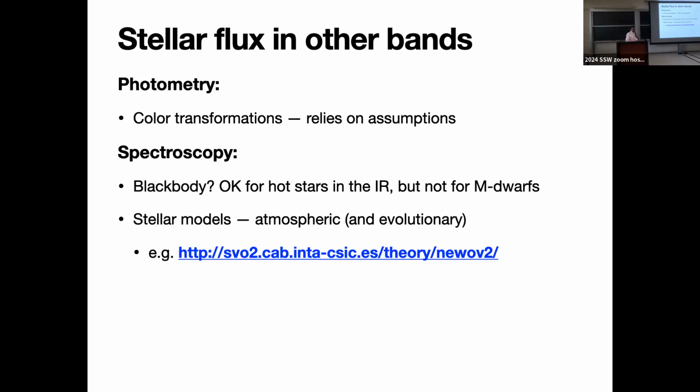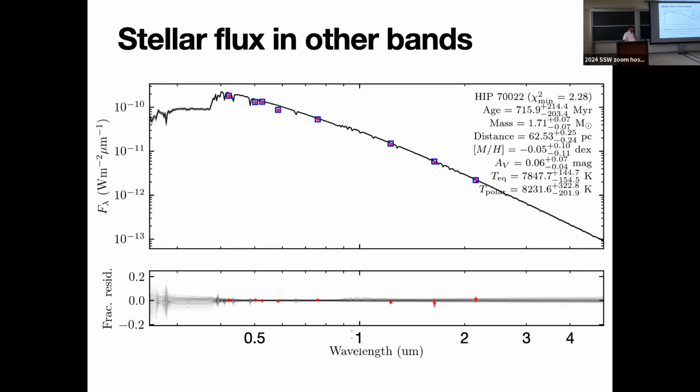The best approach actually for both is to use a combination of atmospheric and evolutionary stellar models fit to the literature photometry such that you can estimate what the flux would have been for the star in your filter or over your spectral range. So just an example here, this is for one star with, I think, Gaia and Hipparcos photometry, and then 2MASS photometry here.